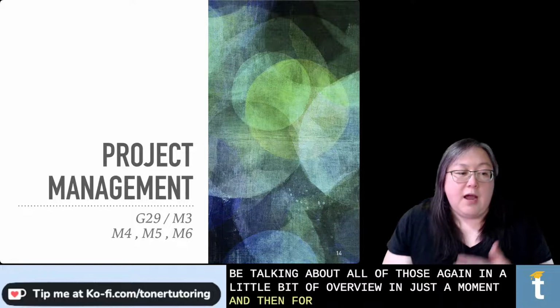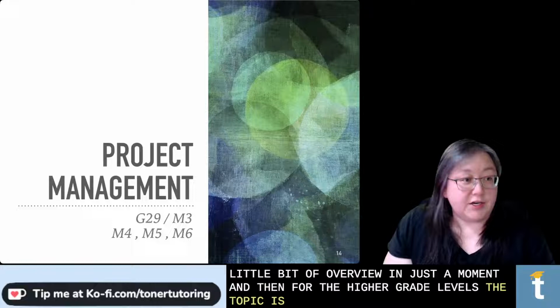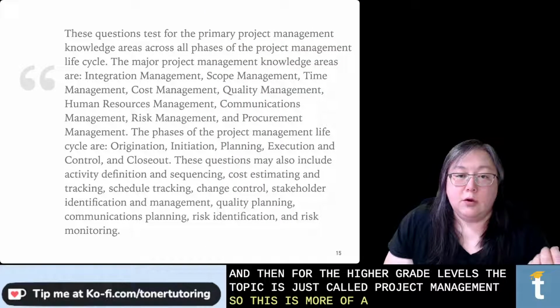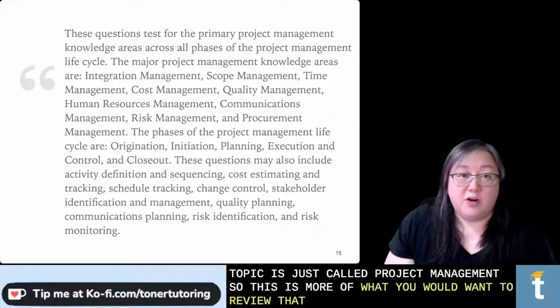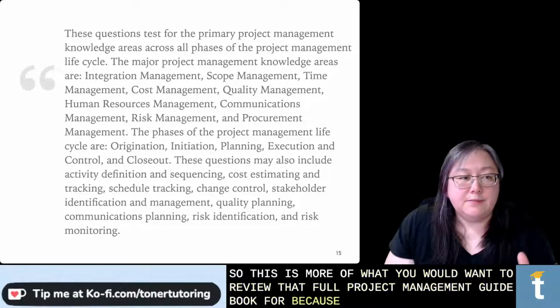And then for the higher grade levels, the topic is just called project management. So this is more of what you would want to review that full project management guidebook for, because this matches the project management guidebook.